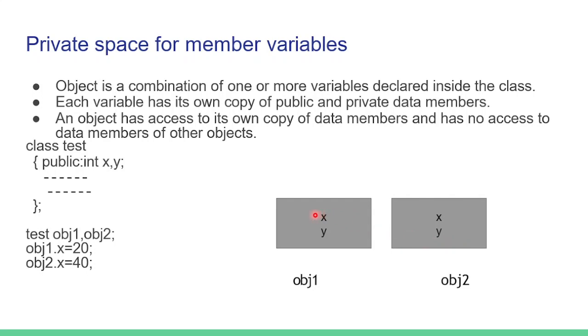The value of x here will be 20, and the value of x here will be 40. So the values are stored differently, and we can't access the data members of the other objects. So obj1 cannot access the data members of obj2 and vice versa.